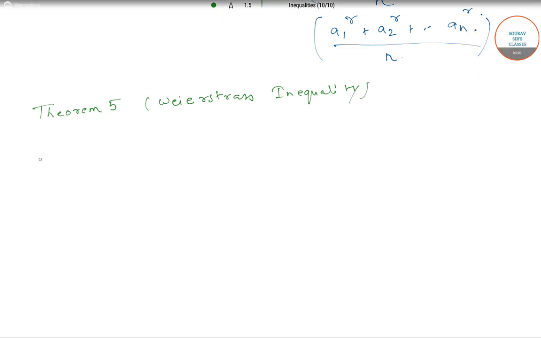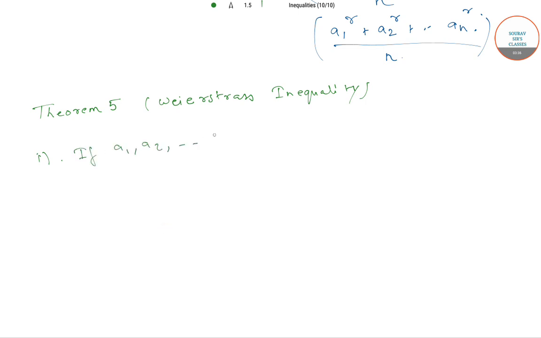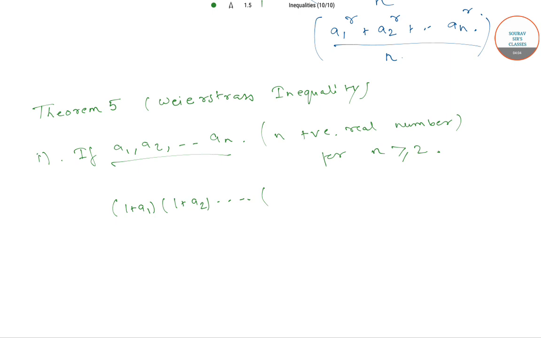This theorem states that, number 1, if A1, A2, so on till An are n positive real numbers, then for n greater than or equal to 2, we will have (1 plus A1) into (1 plus A2) so on till into (1 plus An) greater than 1 plus A1 plus A2 plus so on till plus An.